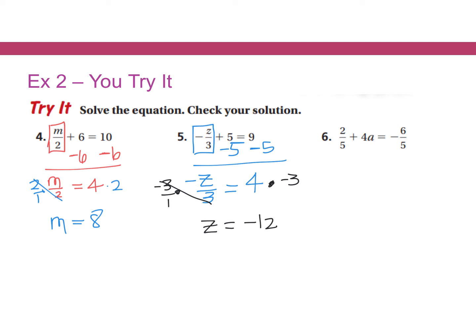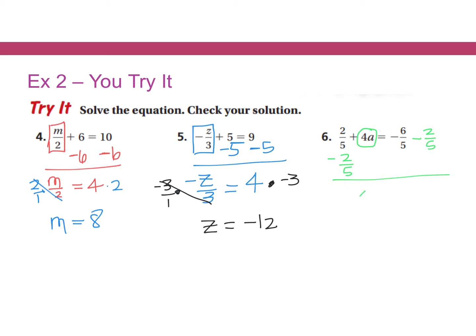And then for number 6, my 4a is the part that I'm going to kind of section off. I have 2/5 that's being added to that, so I need to subtract 2/5 from both sides.